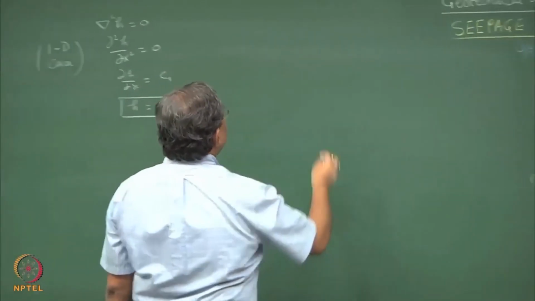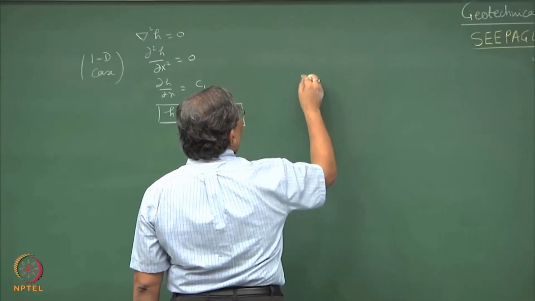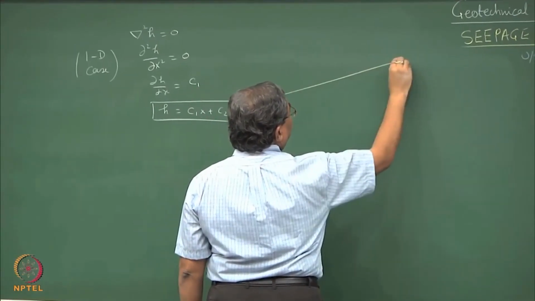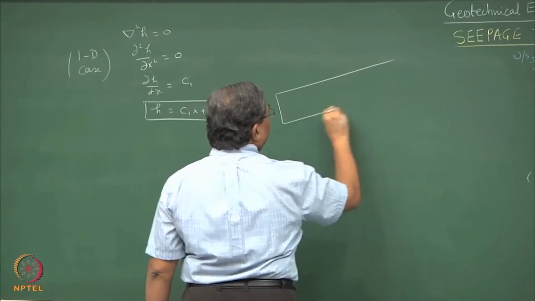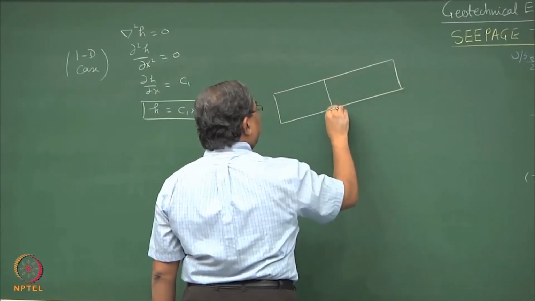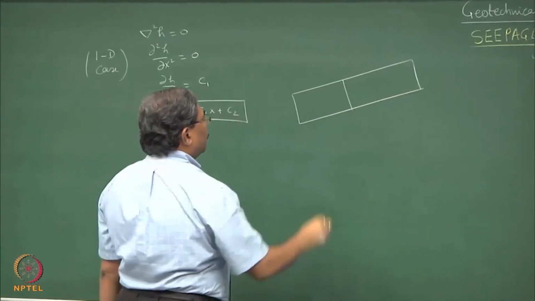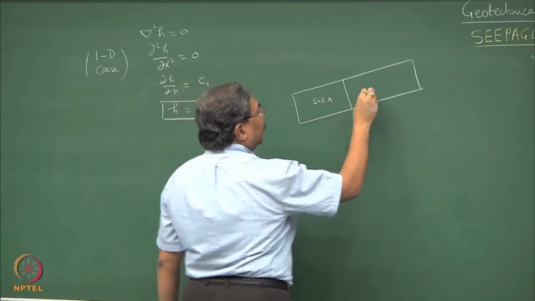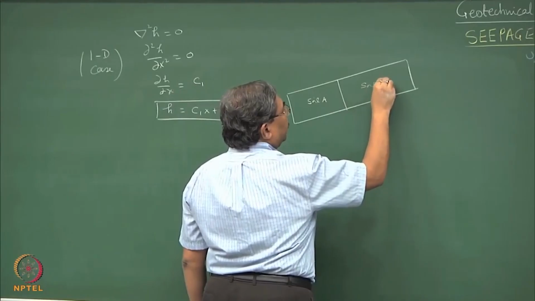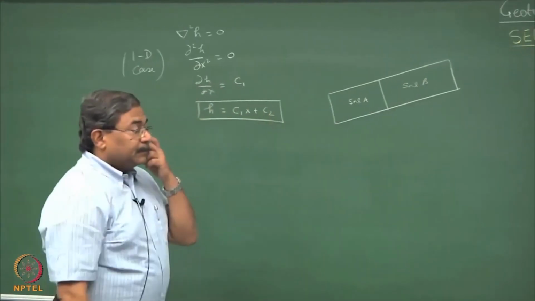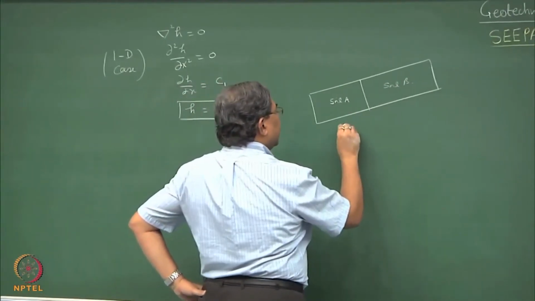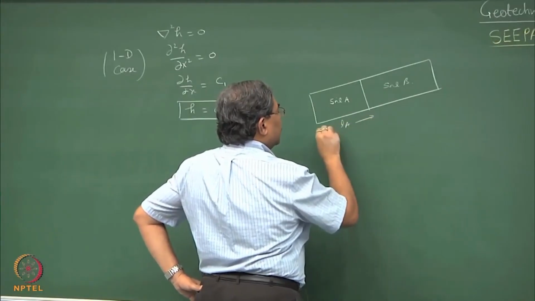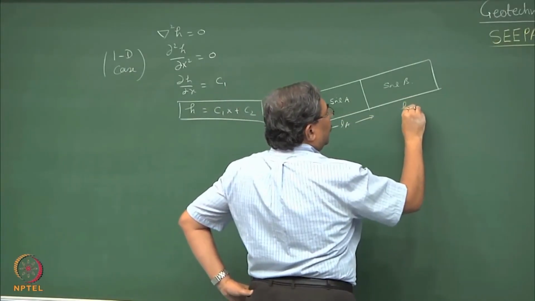Let us take a simple case. Suppose there is a system like this. There is a composite soil system, soil A and soil B. This is the length of the sample, LA, LB.